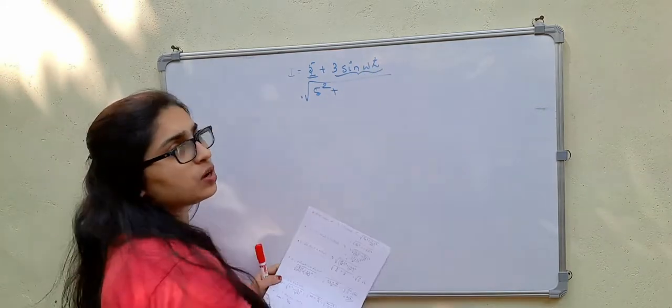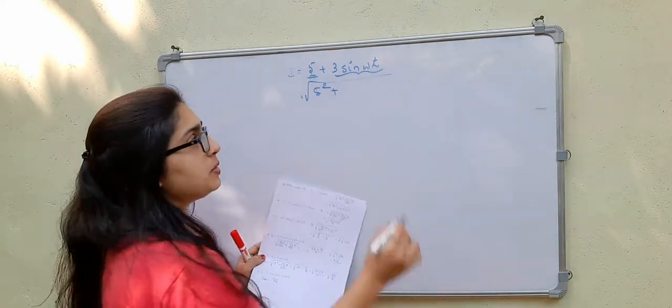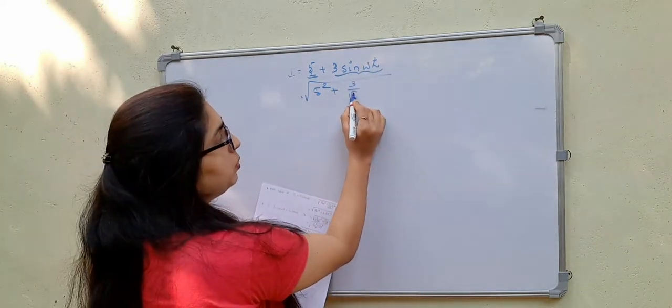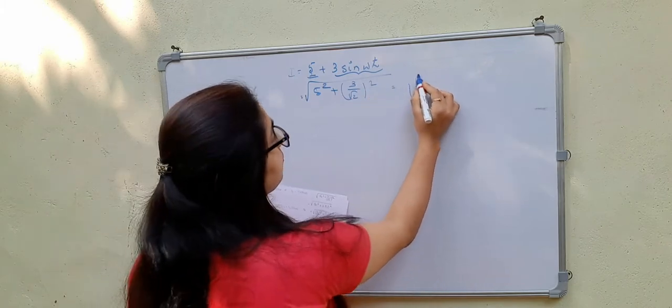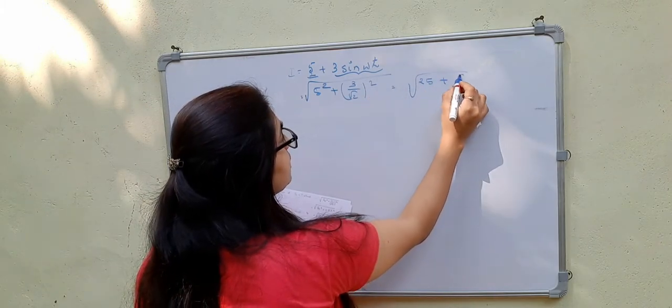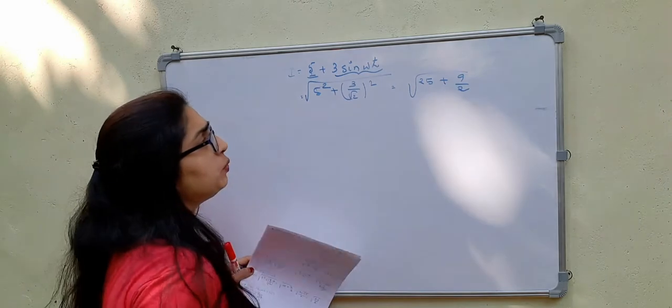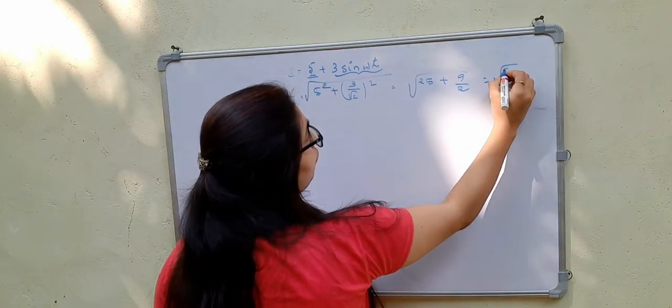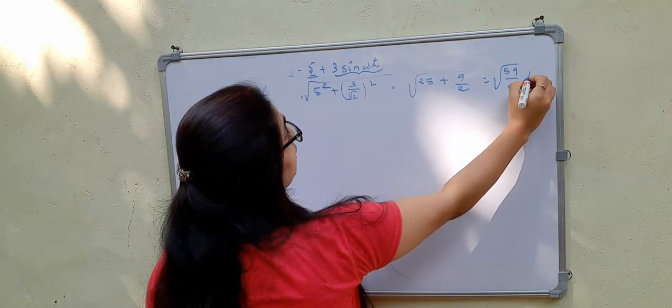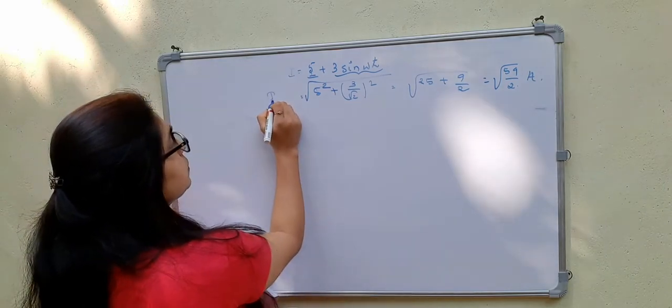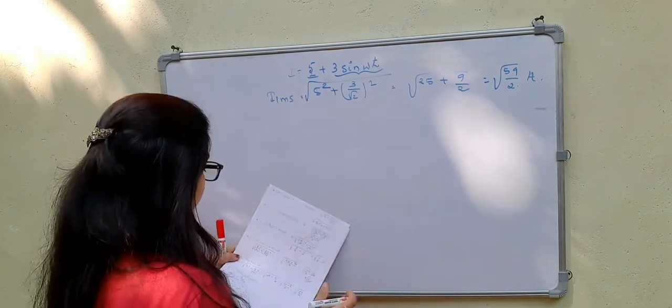This is the sinusoidal, so what will be the RMS value? A by root 2 whole square. 25 plus 9 divided by 2. So this is the square root of 59 divided by 2 amperes. This will be the RMS value.